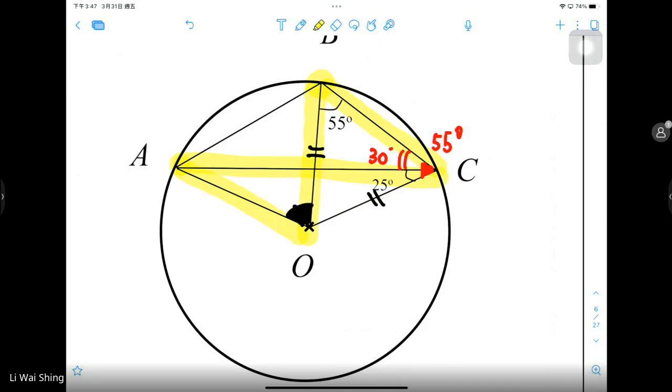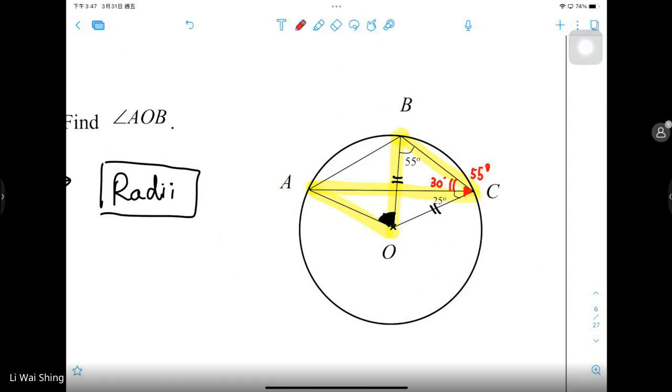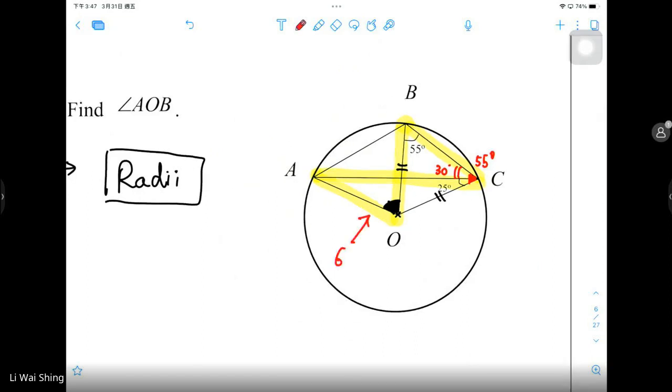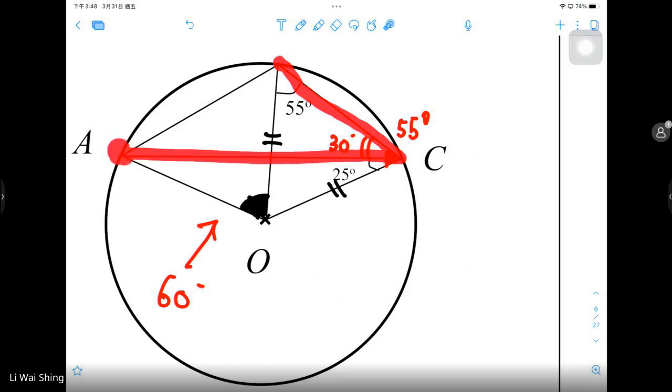This is type 3 of angle at center twice angle at circumference. So the answer is equal to 60 degree. Let me say it again. When you have found the 30 degree, some students ask how to find the 60 degree. From this 30 degree, we go back to the starting point.